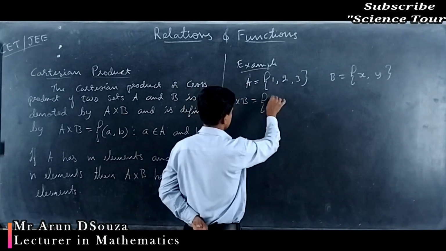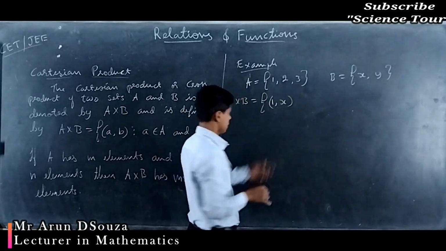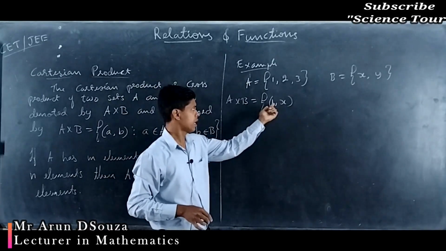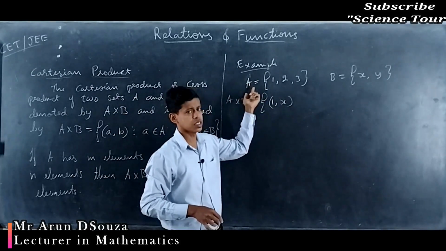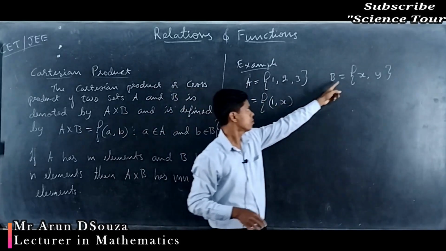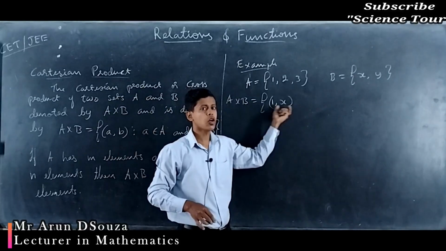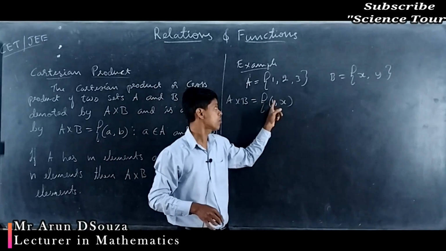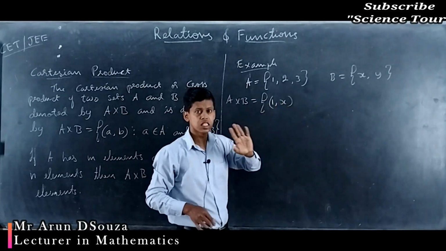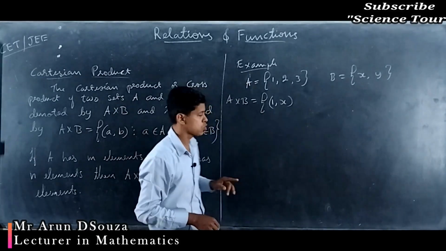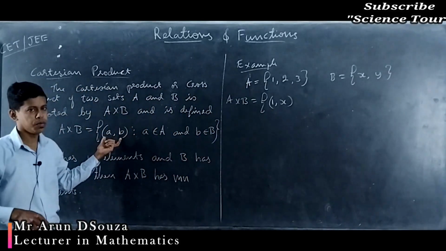So A cross B starts with (1, x). Understand this: the first element must be selected from the first set, and the second element must be selected from the second set. So this is the ordered pair (a, b). You must follow the same order. (1, x) is not equal to (x, 1). Keep that in mind. That's why it is called an ordered pair.